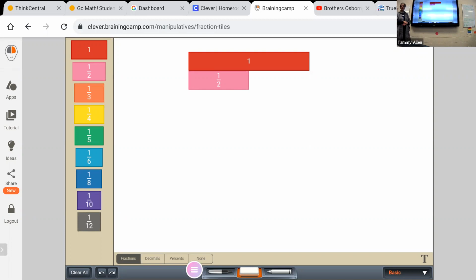We need to find 3 pieces that will fit on there. Will a 4th work? No. This? No. 6? No. Oh. Okay.